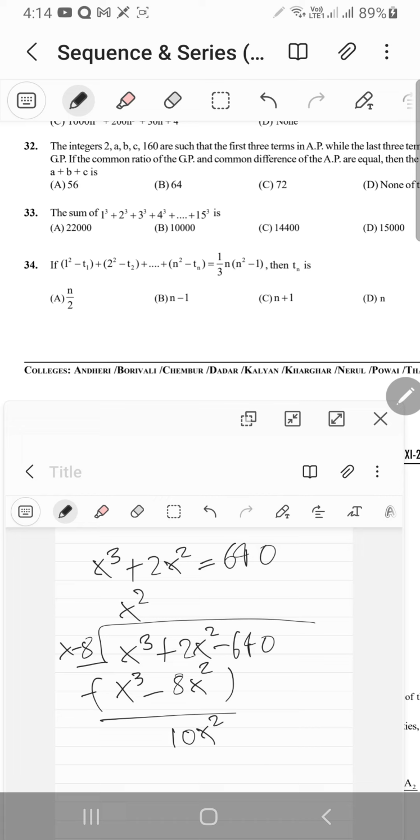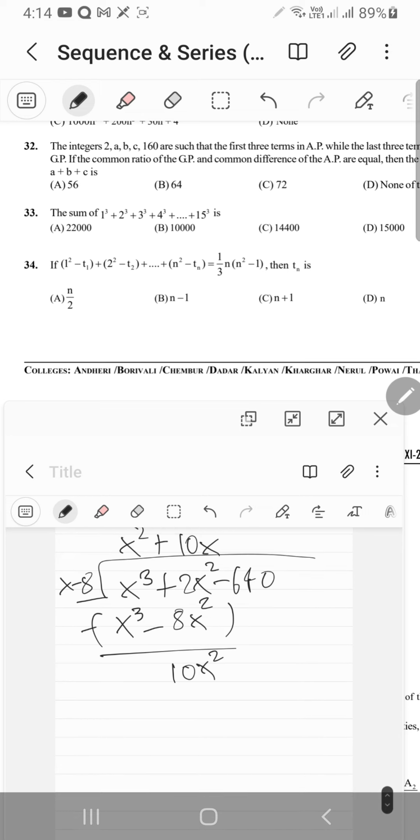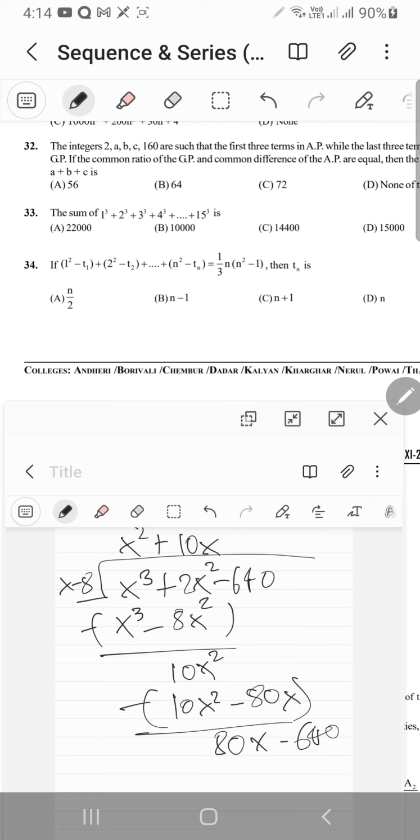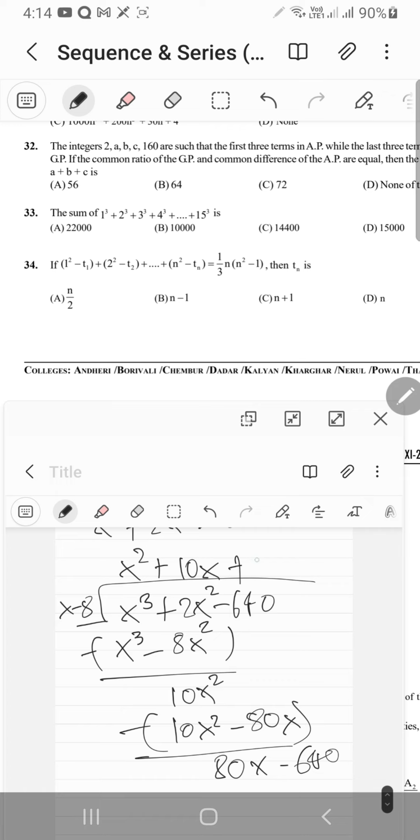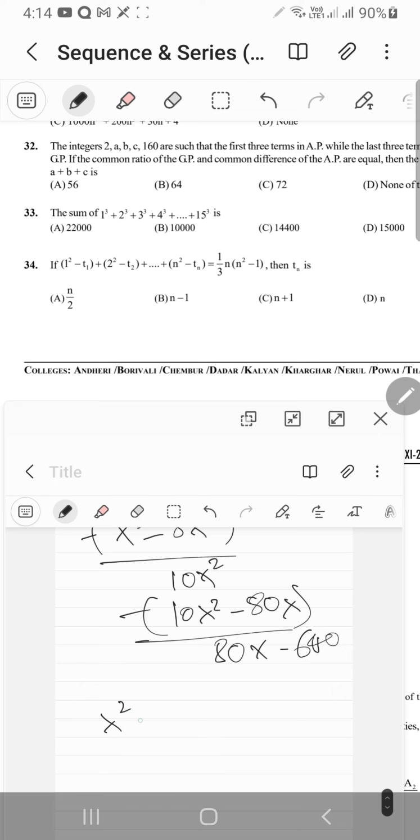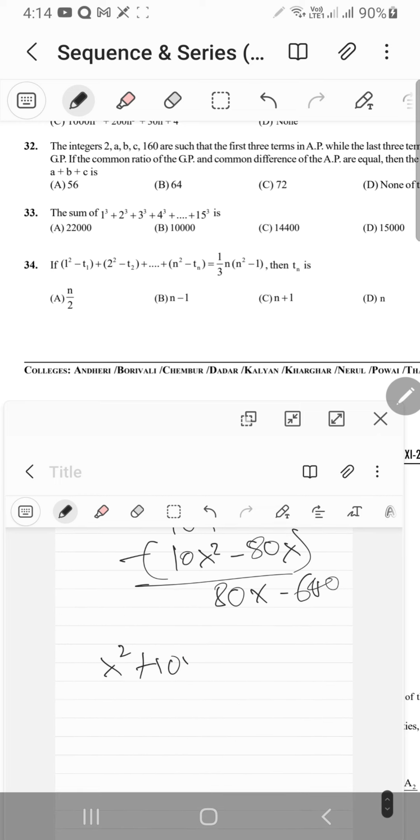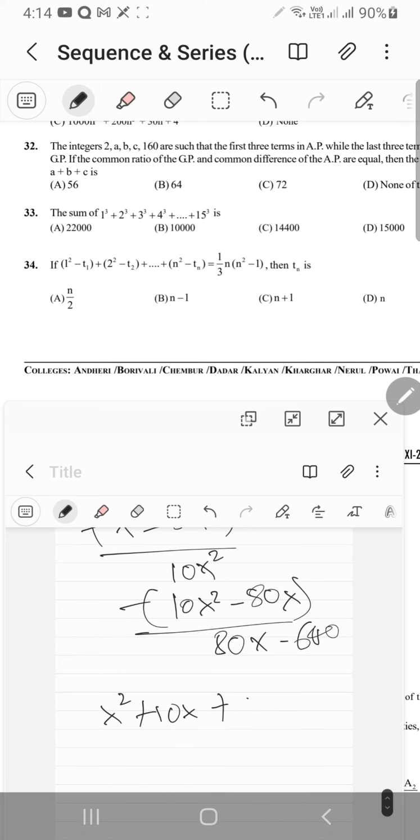Okay, then you need 10x squared minus 80x, subtract that, so it's going to be 80x because there's no x term. 80x minus 640, yes, and then you just need 80, so this will work. Yes, the other roots are in this equation: x squared plus 10x plus 80 equal to 0.